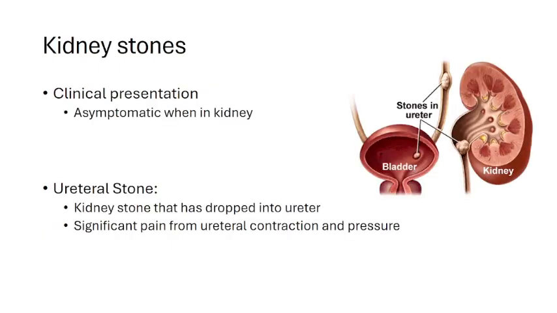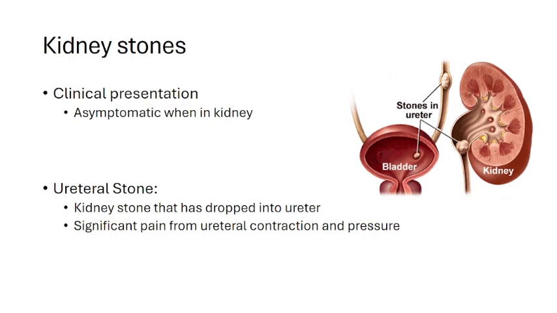Just as a review, because I know that the audience has a lot of different backgrounds, kidney stone disease is fairly common, and it typically comes to attention when patients form a stone that usually is at the area of the renal pelvis. These stones form in the renal pelvis typically, and they don't cause any problems until they grow really big, and then they break off and get stuck.